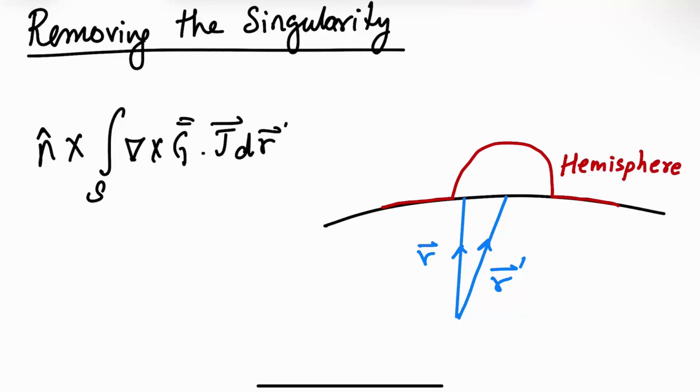The surface is deformed into a hemisphere, and my R now would be on this surface. So since R is now on that surface, R will never be equal to R prime. And that surface is a hemisphere that is centered at R prime.